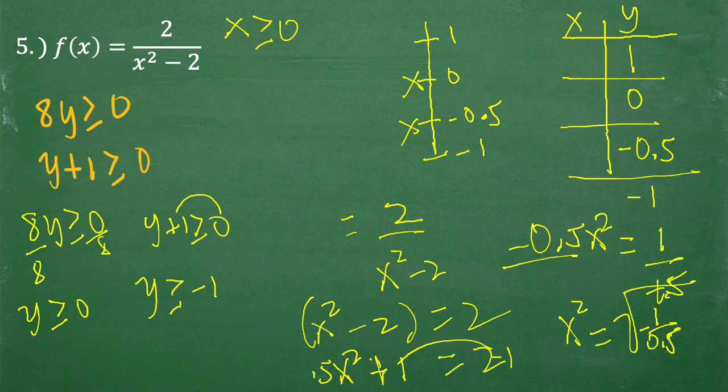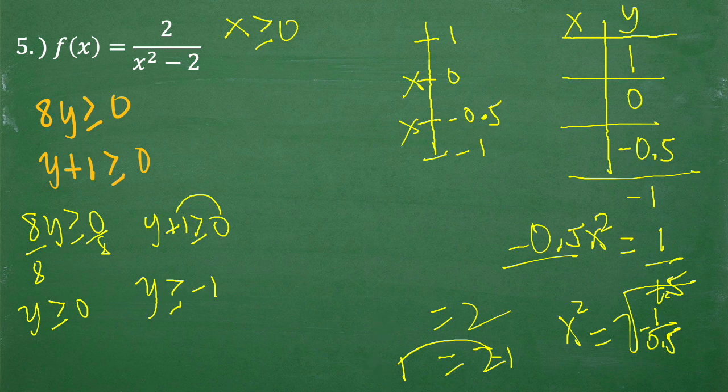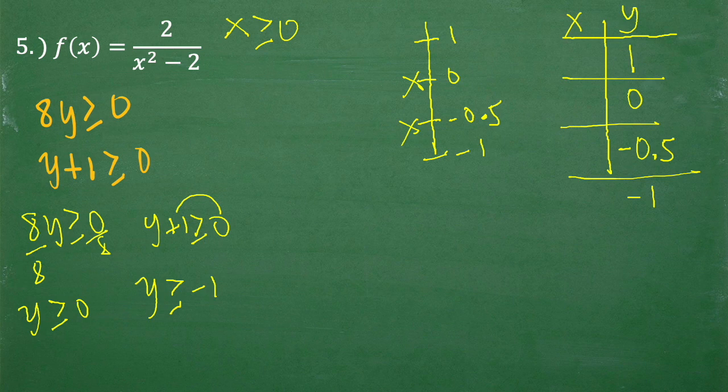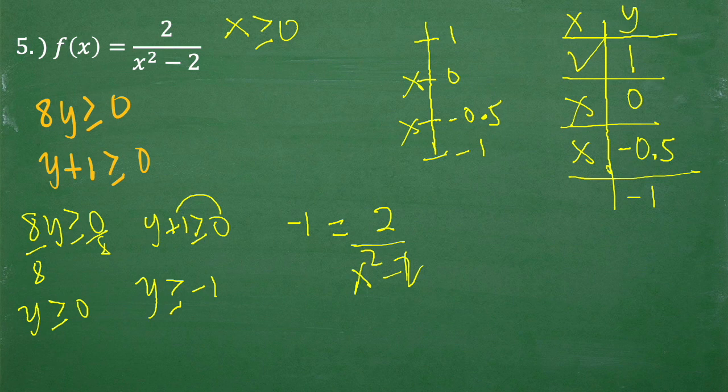Okay, we have quite a mess here. So let's clean this first before we proceed with our final solution. Alright, so let's replace it with 1. We check this value of x. So we have the final number: negative 1 equals 2 divided by x squared minus 2.